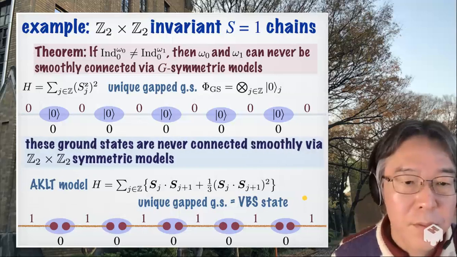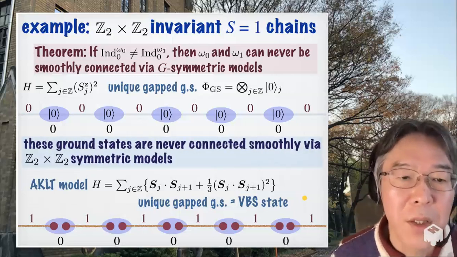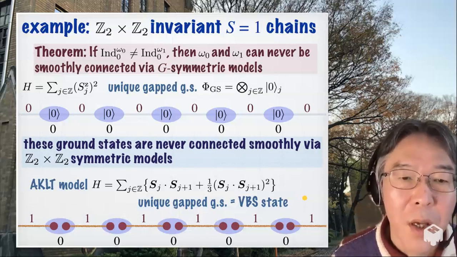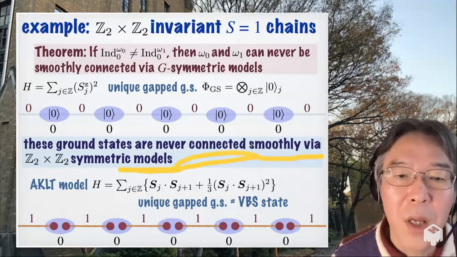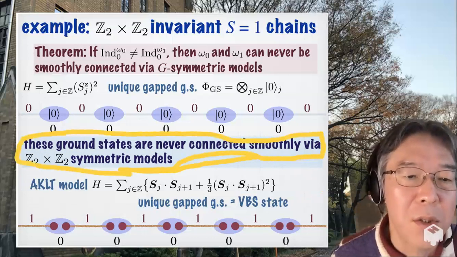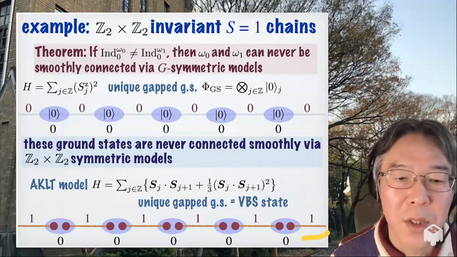Now Ogata's theorem tells you that they belong to different phases when we have Z2 cross Z2 symmetry. Of course, this has been conjectured for quite a long time, but it was finally settled by Ogata using her index. Both of them are matrix product states, easy ones.